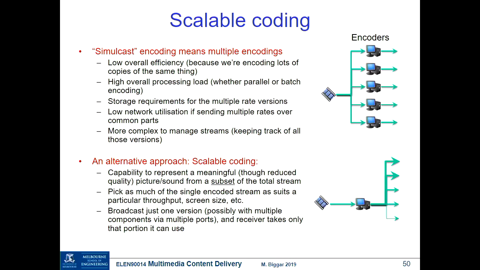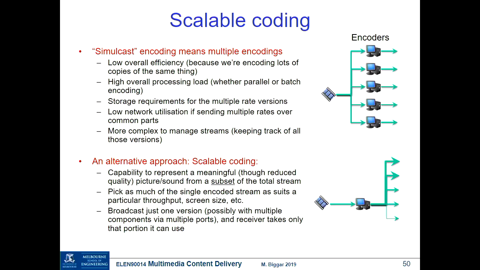So what are the features of that? We have low overall efficiency because we're encoding lots of copies of the same thing. We've got a high processing load, so whether we're doing all those encodings in parallel or in batch overnight, we've still got to do multiple encodings.